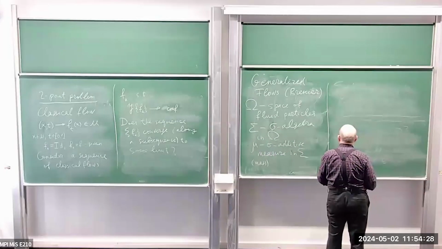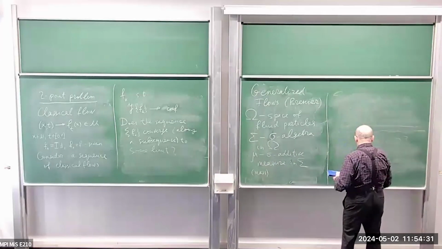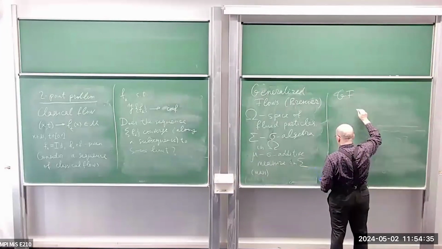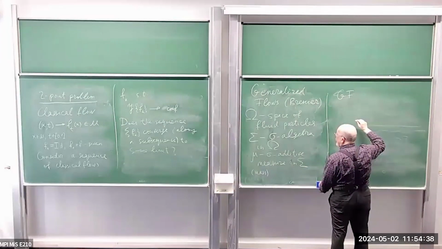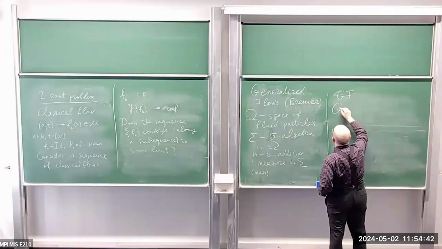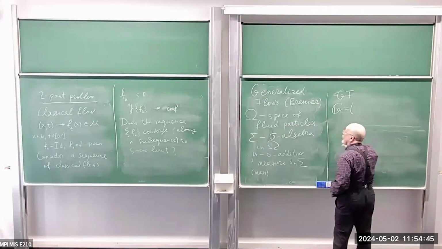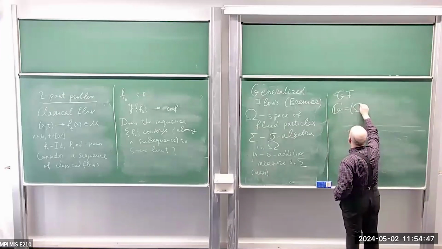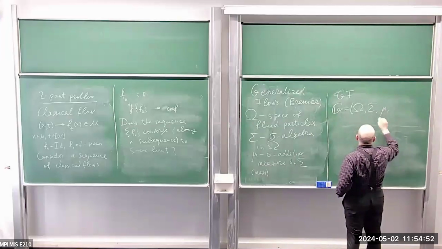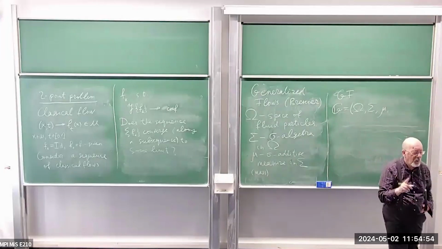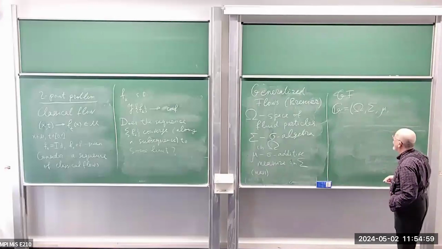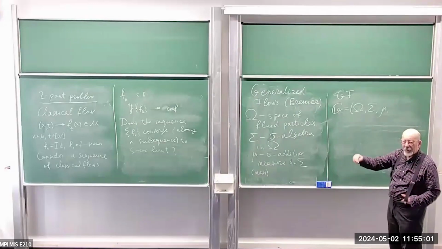Now, what is a generalized flow? It is the following. I would say a tuple G, a collection of omega, sigma, mu, and for almost all particles, so for almost all elements omega, we have its trajectory.